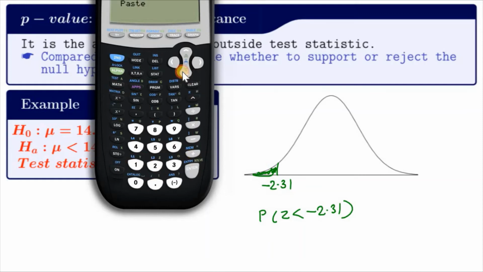Then our mean is 0 and our sigma is 1, then hit enter and enter. So this gives us 0.0104, and that's our p-value. So basically this area here is 0.0104, and this is our p-value.